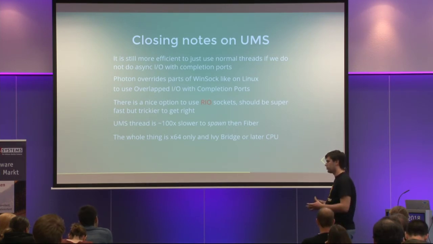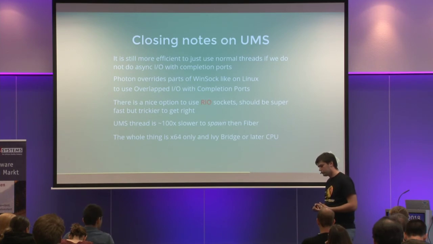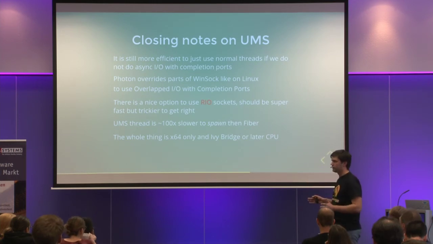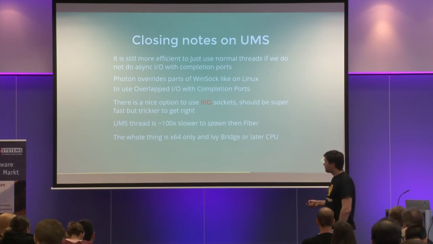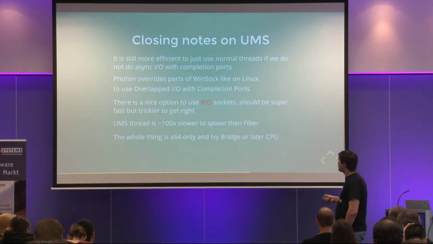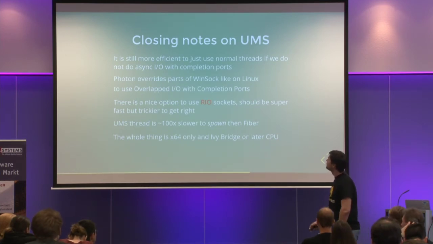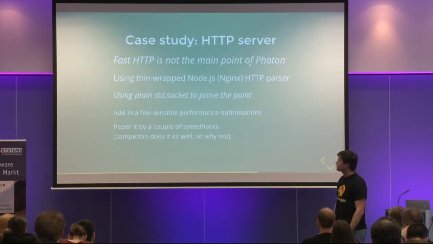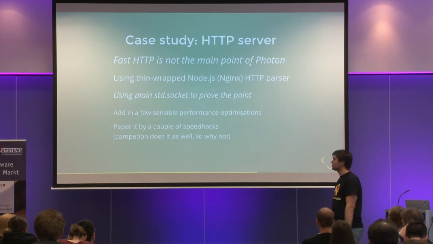So that's why I thought about unifying stuff and maybe not calling it a fiber, but some kind of user mode thread or light thread of sorts. And the whole thing, of course, is 64-bit only, recent CPUs, so not everybody gets to play with this stuff. Thankfully, I do.